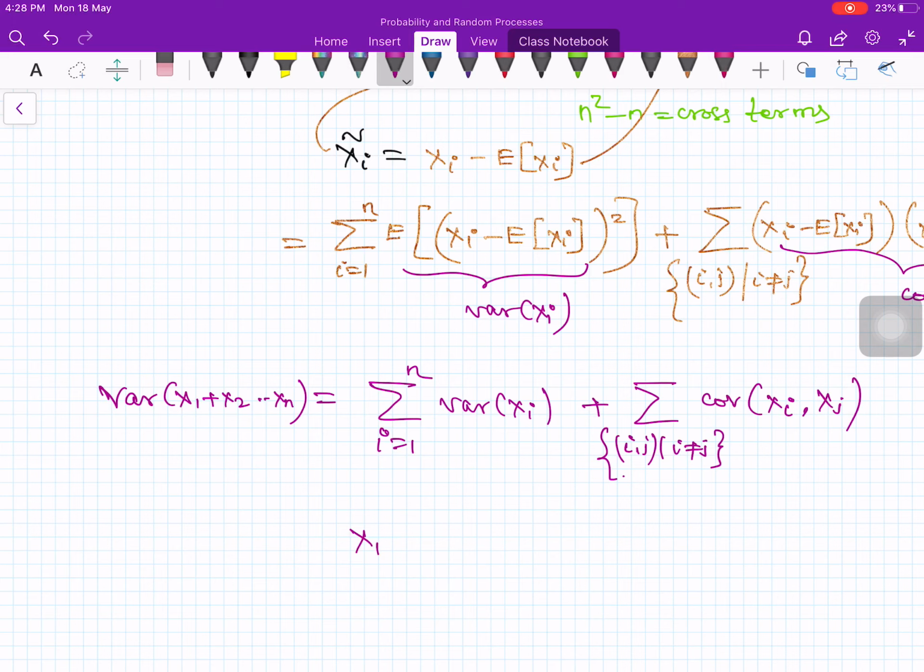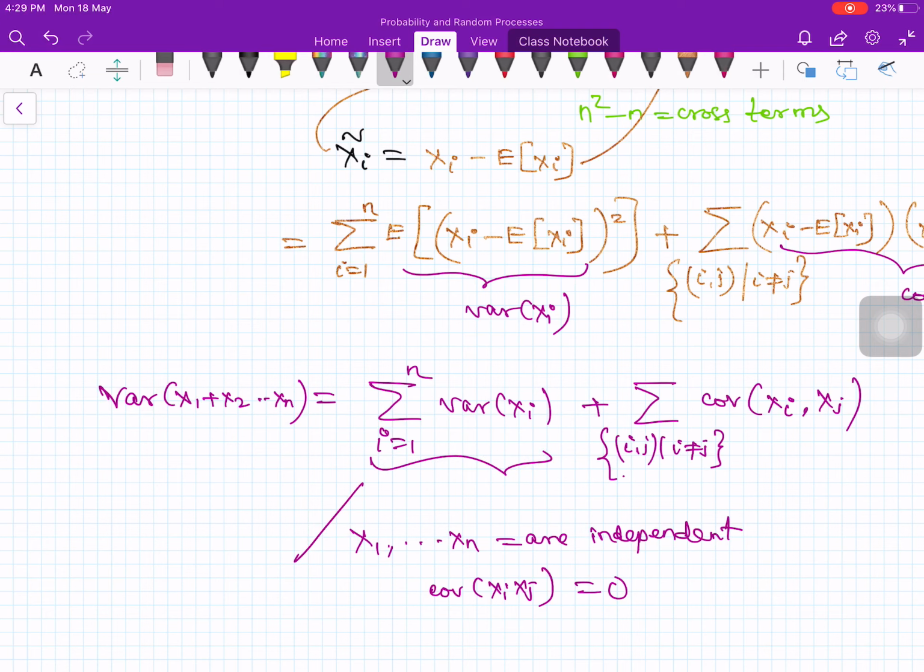If x1 up to xn are independent of each other, then the covariance of xi with xj, for i not equal to j, is equal to 0. When covariances are 0, in the right hand side you have only the variance terms. The first term alone survives. Therefore, the variance of the sum is equal to the sum of the variances.